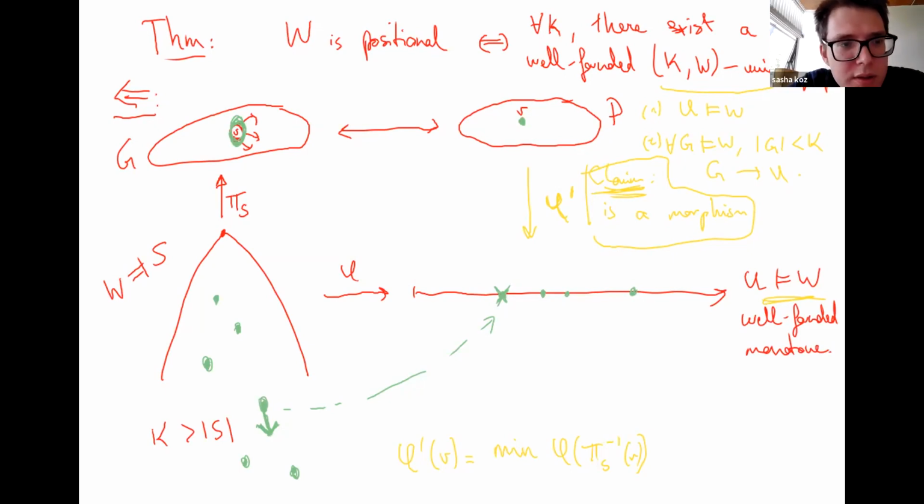Okay, and then this defines a positional strategy. Then we have to somehow show that it's winning. There should be some invariant that ensures that if I play with this against this strategy, then something good happens.